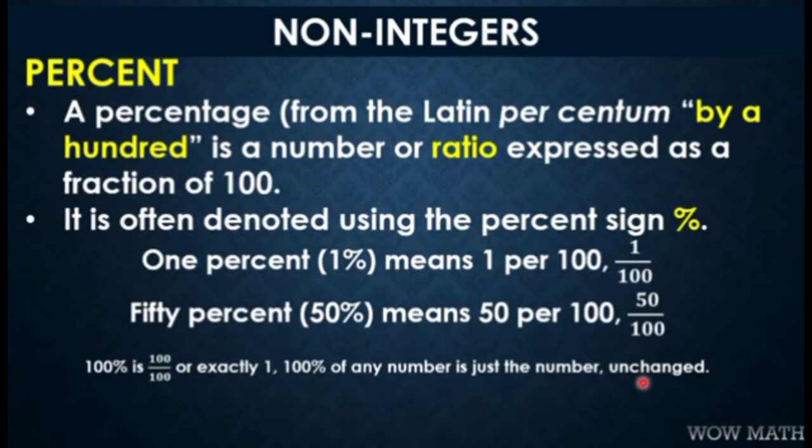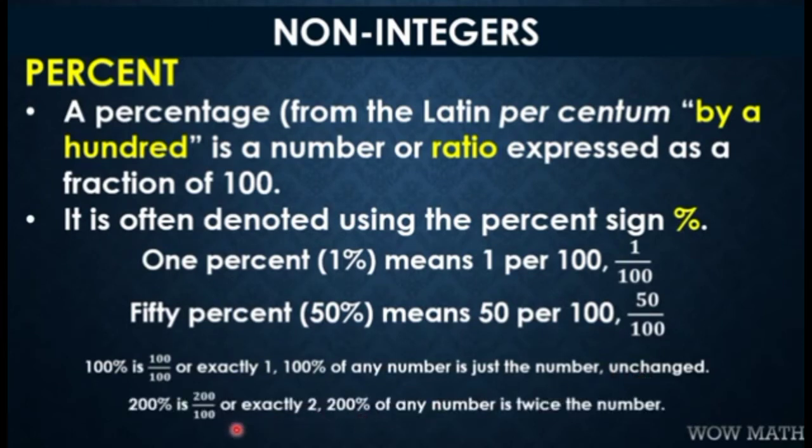Now 200% is 200 over 100. If we divide this, that is exactly 2. So 200% is actually twice the number. If you were asked, what is 200% of 50? You multiply it by 2, that will become 100. So 200% of 2, that is 4.